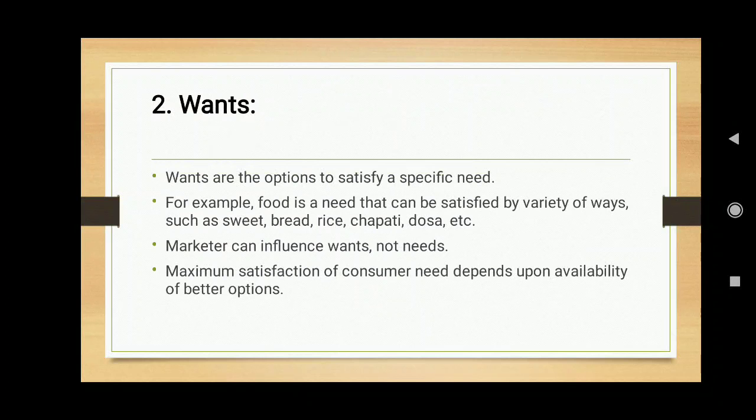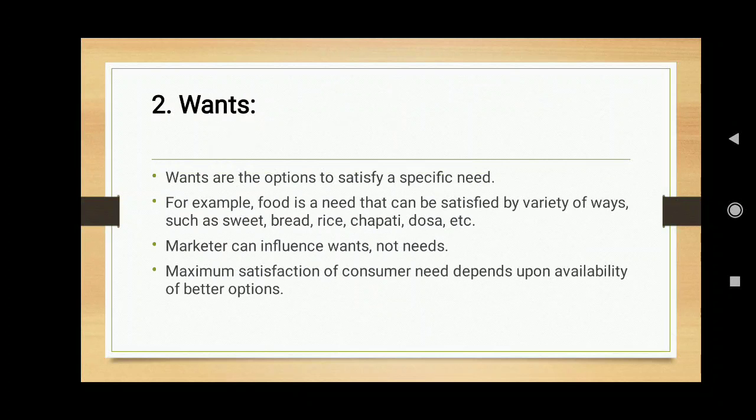That means if your needs are specific, say for example, if you are hungry and you want dosa, that is, when your need becomes specific and is pointing towards certain specific goods, it is called wants. So wants are the options to satisfy a specific need.